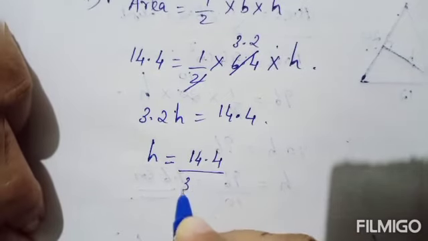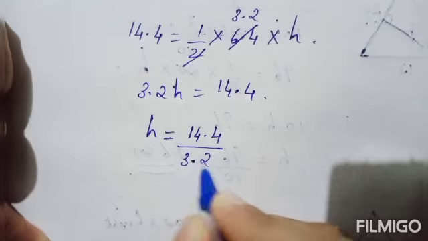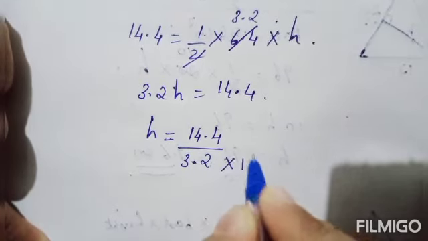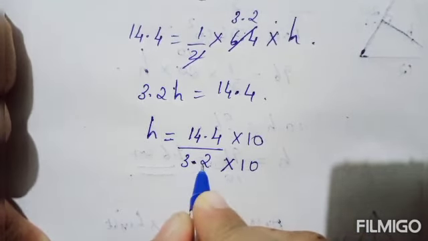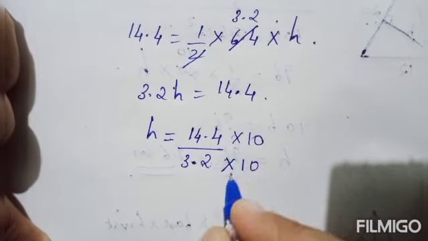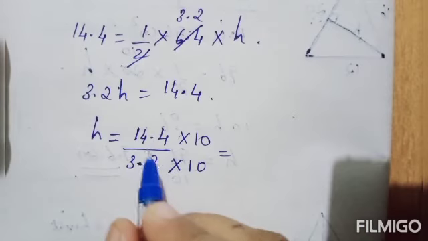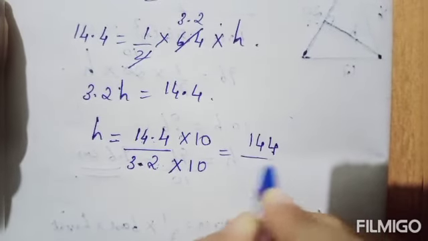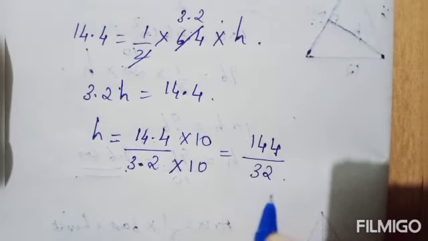So what will be h here? 14.4 divided by 3.2. Now here in the denominator a decimal point is coming. So you can multiply both numerator and denominator by 10, since after the decimal point one digit is coming. So what will you get? 14.4 into 10 is 144, divided by 3.2 into 10, which is 32.